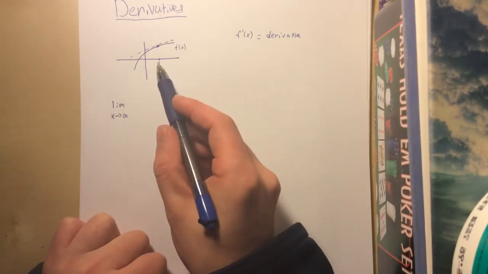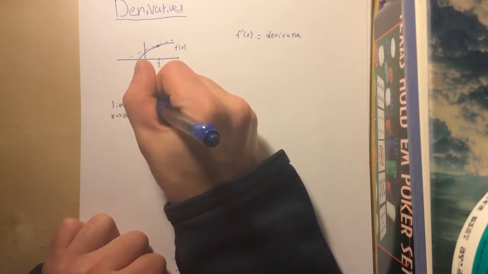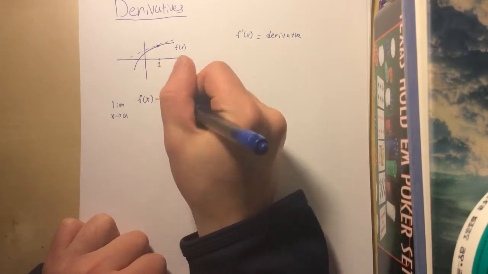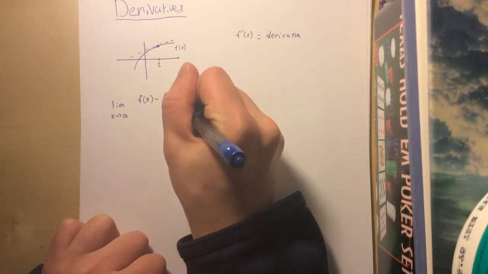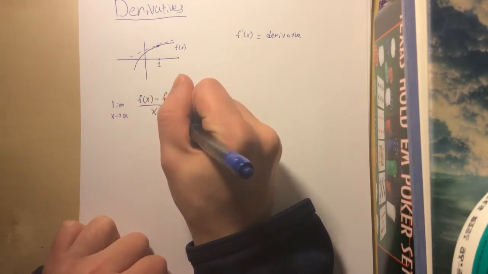So in our case right here, a would be 1. So as x is approaching a, it's going to be the function at that point x minus the function at the point a over x minus a.